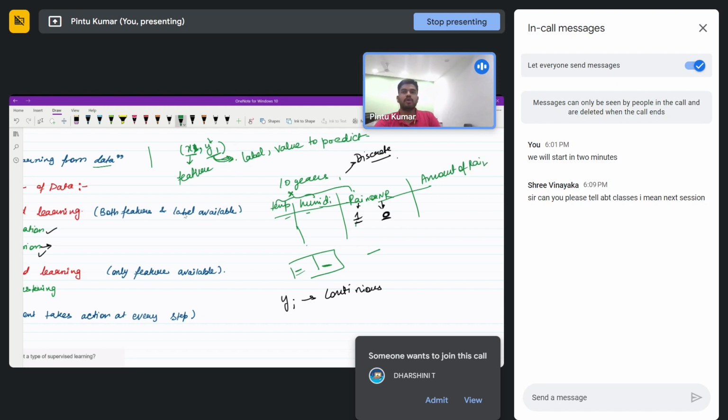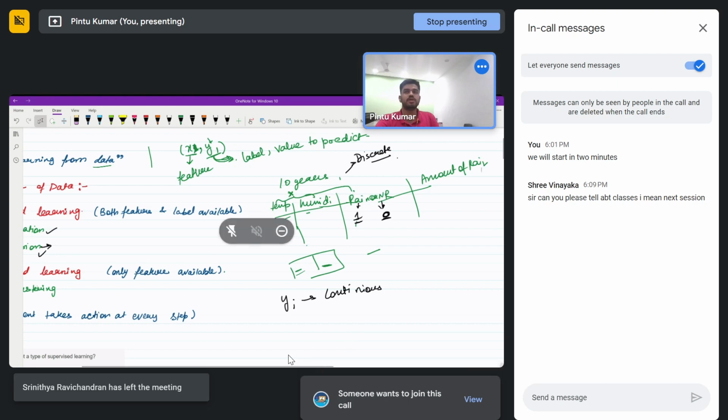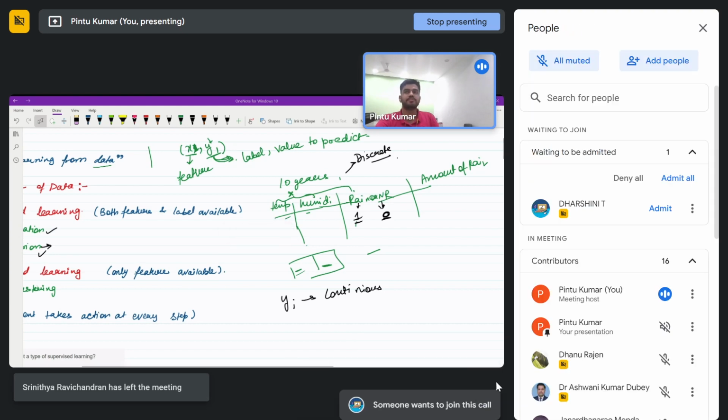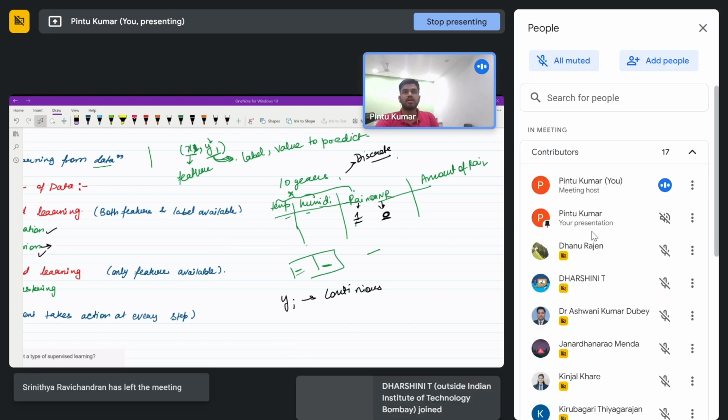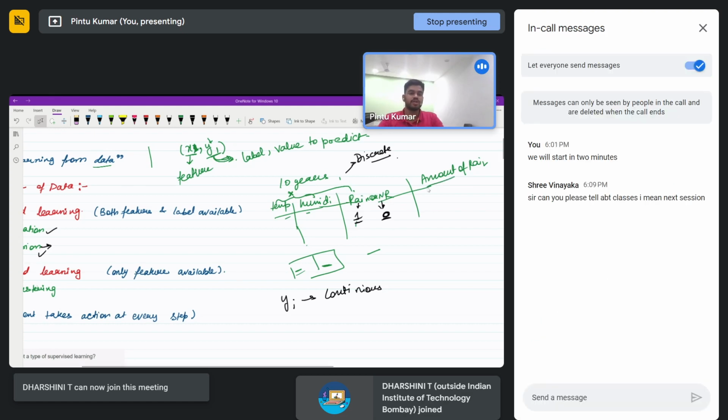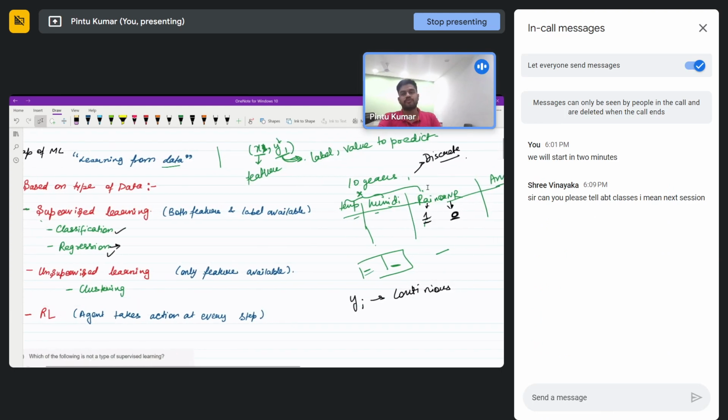Now the amount of rain that you will experience on a certain day would be a continuous quantity, right? So if you want to train a model that should predict the amount of rain, that would fall into the category of regression models.